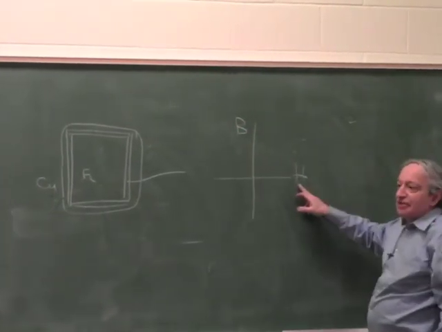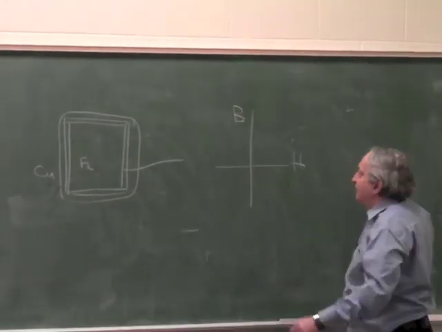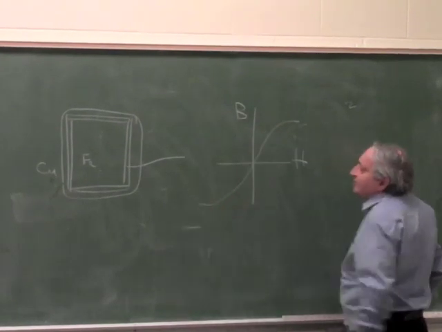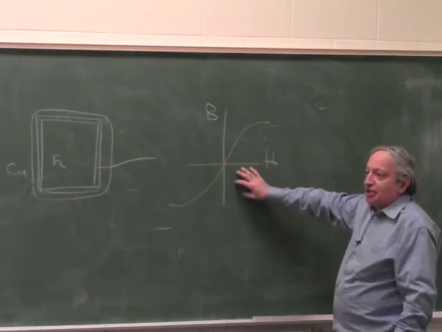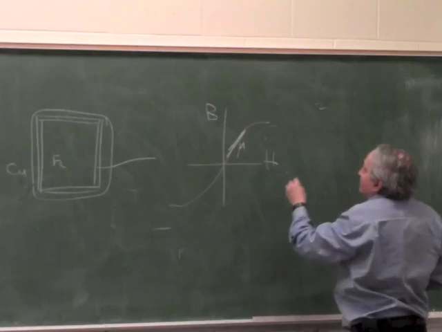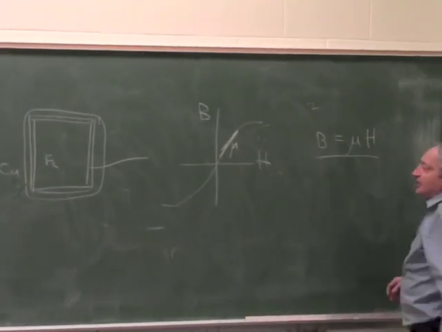H is the magnetizing force and B is the resultant field. So typically you've seen these graphs, they look like this for all materials. We'll talk more about it when we talk about actuators. So that's a typical BH curve, and this is a slope. The slope is mu, because as you recall, B is mu H. That's the definition of B.